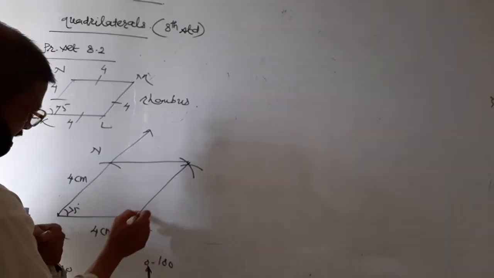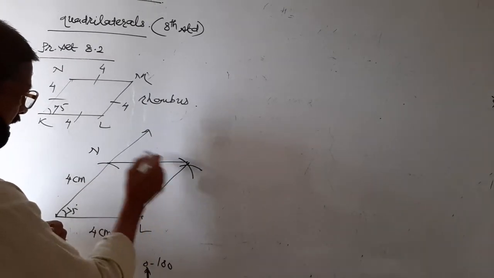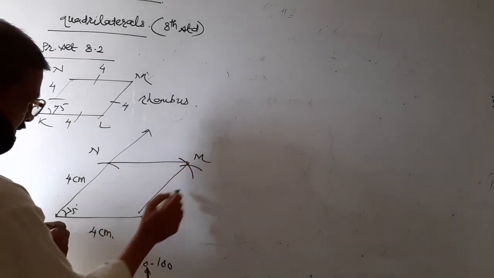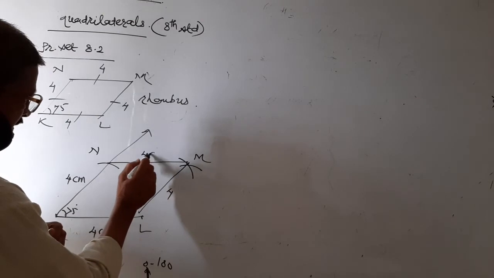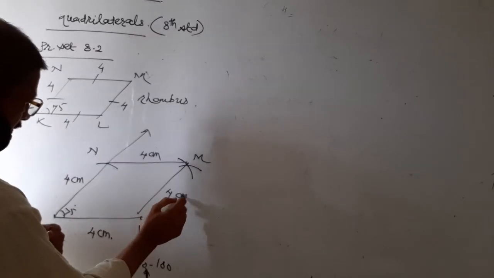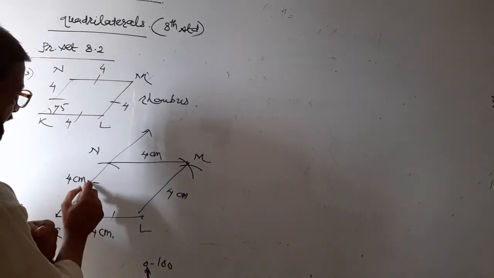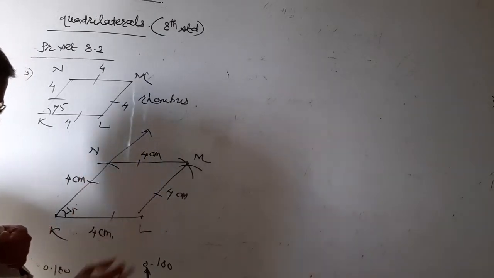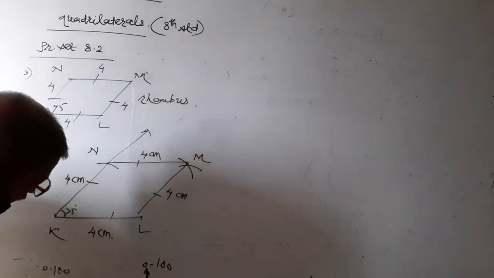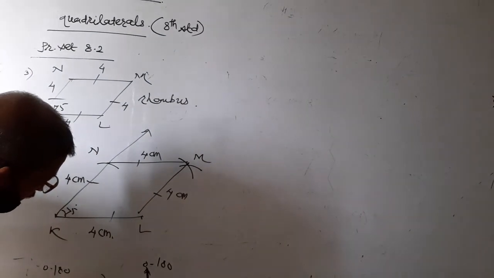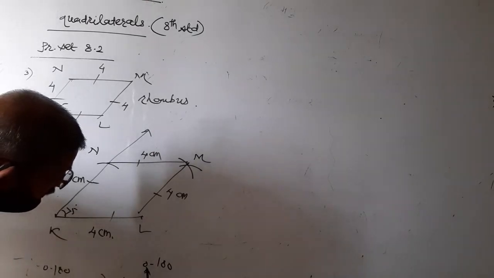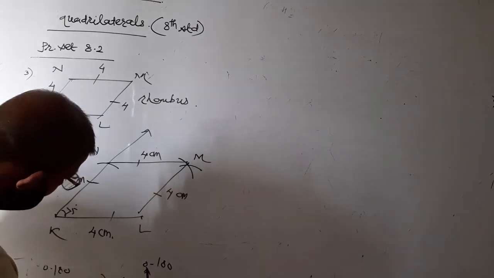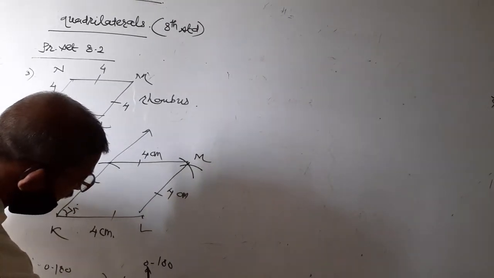Join this. This is K, L, M and N. So 4 centimeters, 4 centimeters. All the sides are congruent. So the required rhombus is quadrilateral KLMN.